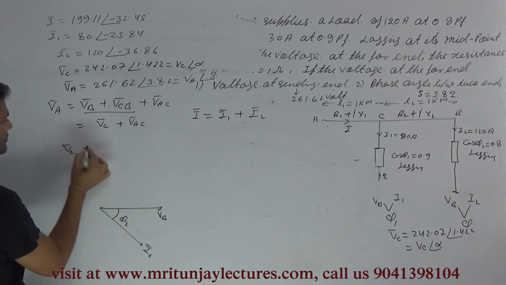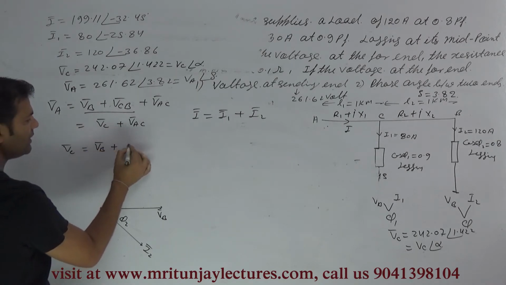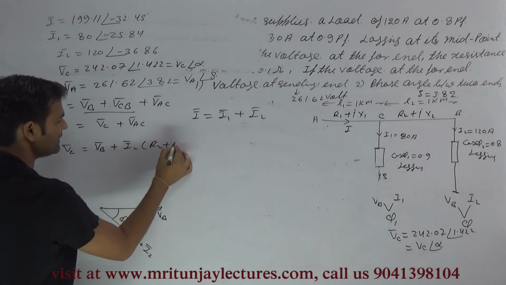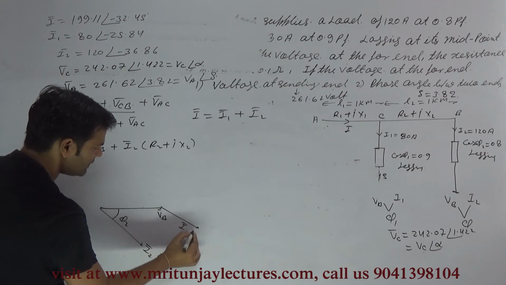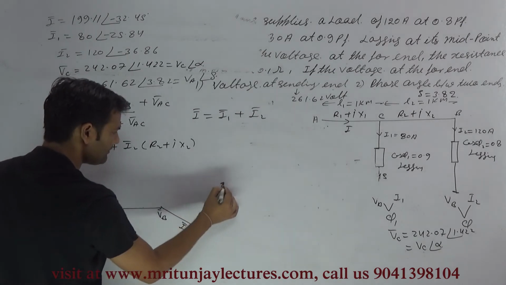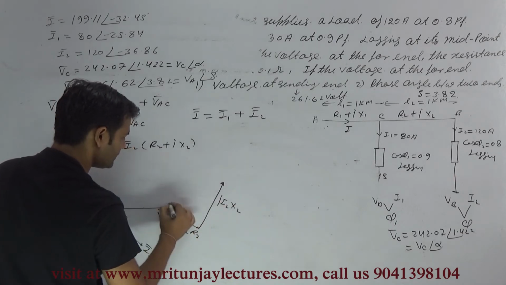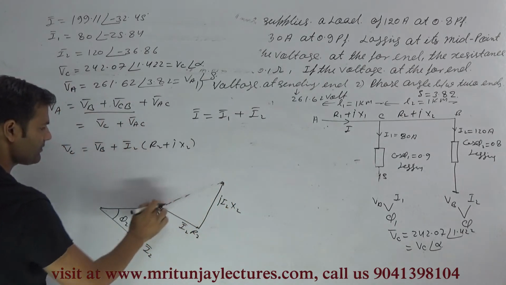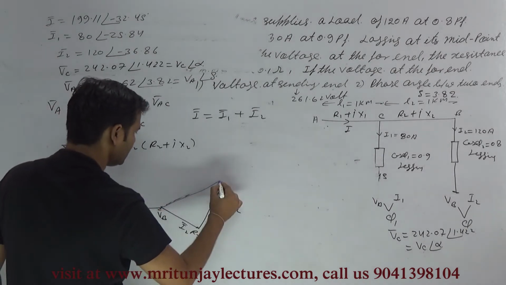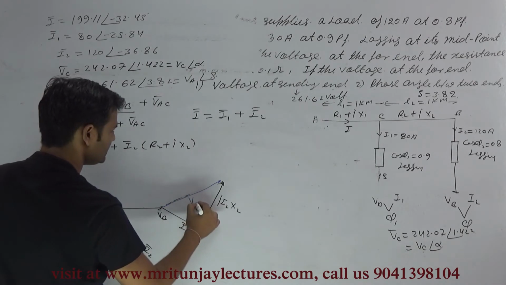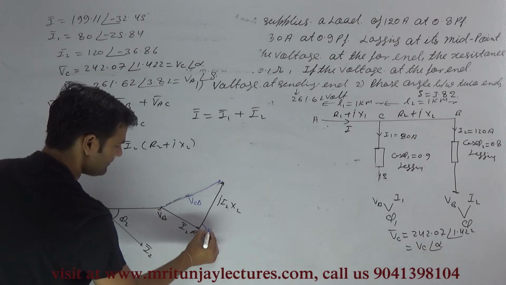Okay, so I know that VC is equal to VB plus I2 into R2 plus jX2. So I2 into R2, and this one, that is j I2 into X2. The resultant of this, I2 R2 plus jX2, is V of CB, and that is 90 degree.